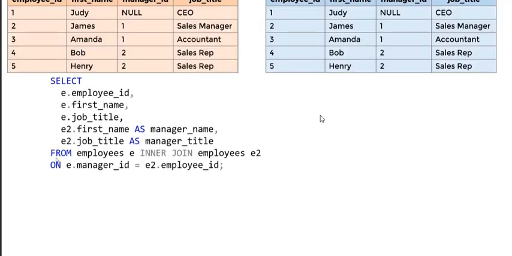In this query we have from employees E inner join employees E2. Select E.employee ID, E.first name, and E2.first name as manager name, E2.job title as manager title.